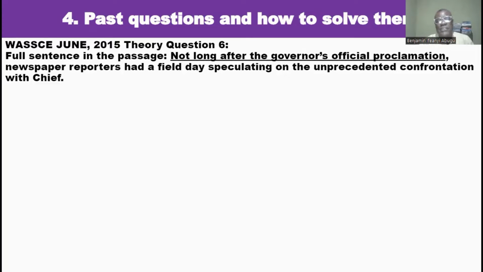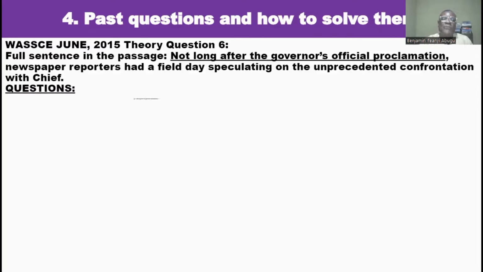Usually, an expression is underlined in the passage, and then 2 questions are asked based on that expression. Now, the full sentence in the passage is as follows. Not long after the governor's official proclamation, newspaper reporters had a field day speculating on the unprecedented confrontation with Chief.